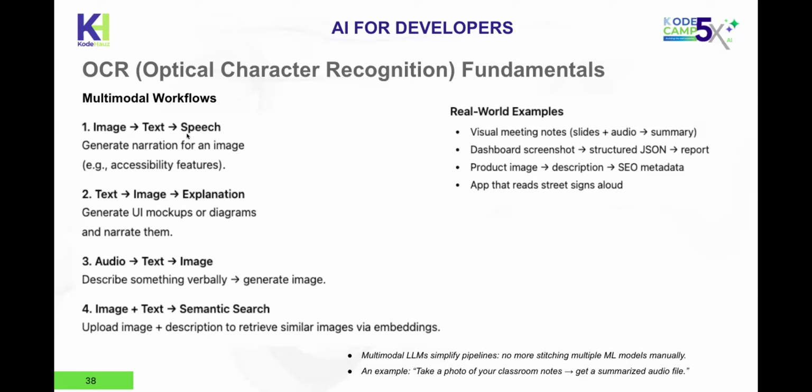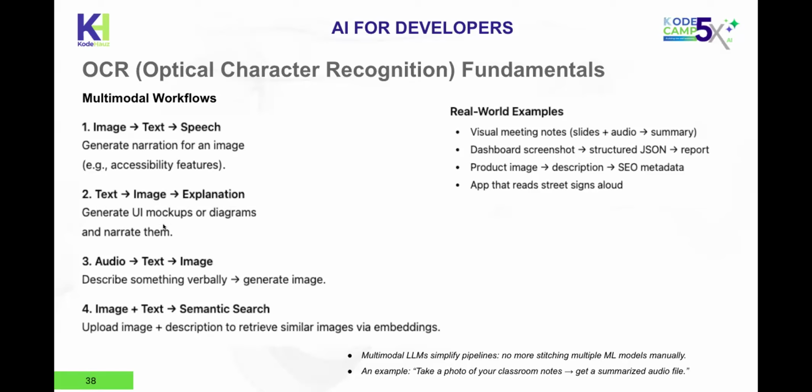You can take a scan image and generate a narrative for that image and then pass that narrative into a text to speech synthesis, so it speaks out a description of the image. Another one is text to image to explanation. So you can take a text and you can generate an image and then do explanation.